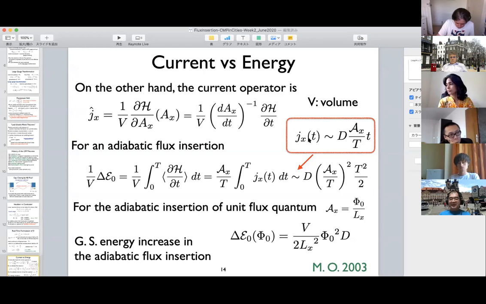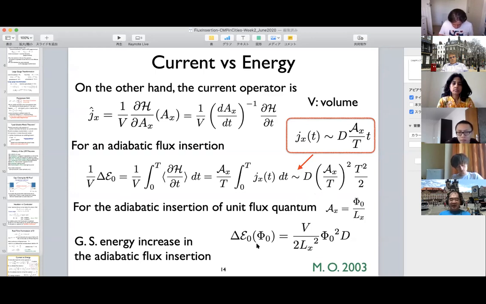So in this case, the current can be written by Drude weight times this T linear function. So you just plug in, and then you can do the integration. So of course you get T squared over 2, and then this T squared cancels with this. So at the end of the day, you have a relation between the energy increase and the Drude weight.